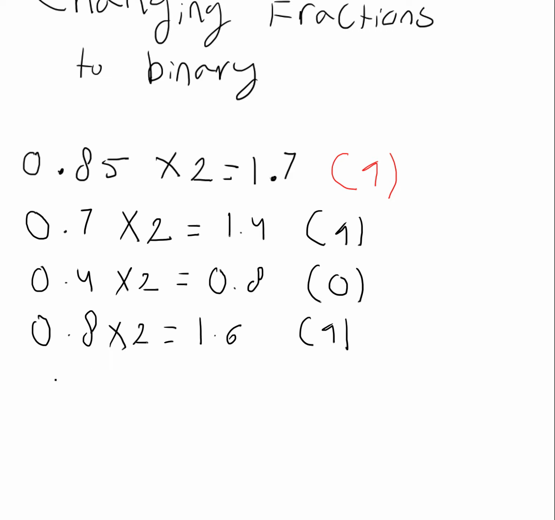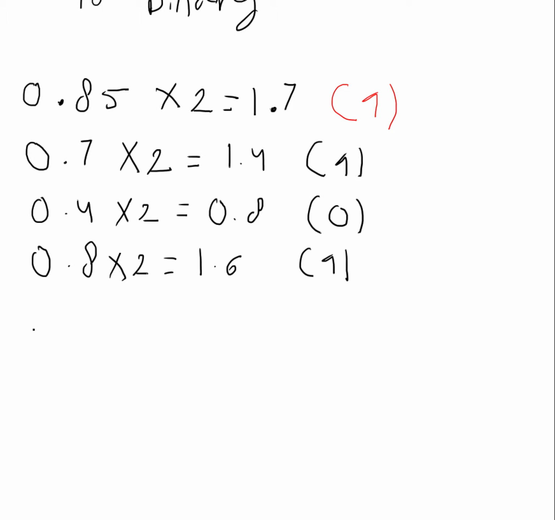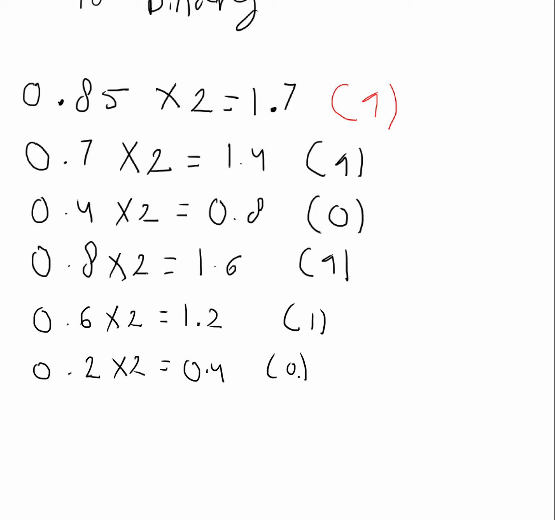Basically, I'm just going to go ahead and do a couple more. So 0.6 times 2 is equal to 1.2, and we put a 1 here. 0.2 times 2 is equal to 0.4, and we put a 0 here.